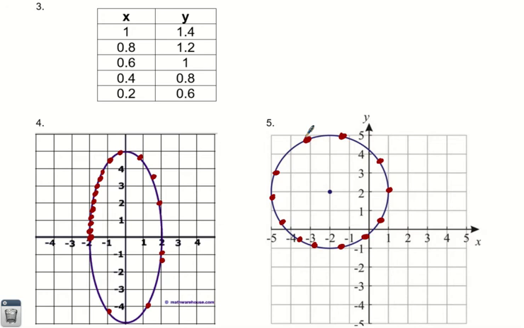So guess what? The domain includes an infinite number of x values and an infinite number of y values. We can't list them all, but here's what we can do. We can give an interval of them. Now, if you look at this first graph, think about what's the furthest x coordinate to the left? How far left does this graph go?